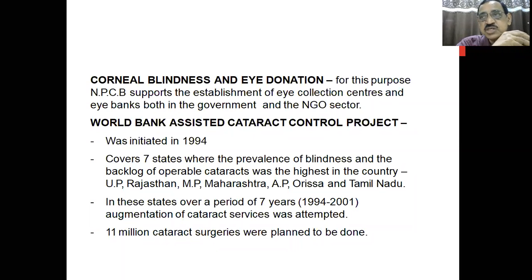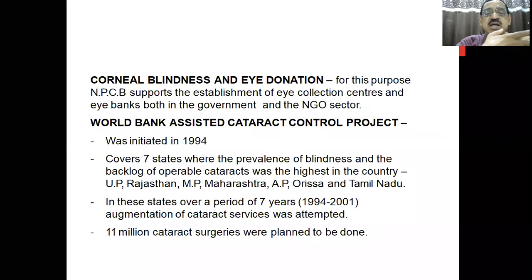And we can remove the corneal button and keep it in an ice flask. And these collection centers are attached to certain colleges, so it can be kept there, and later we transport this tissue to the nearest eye bank.